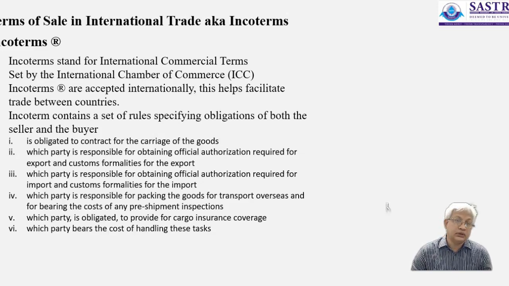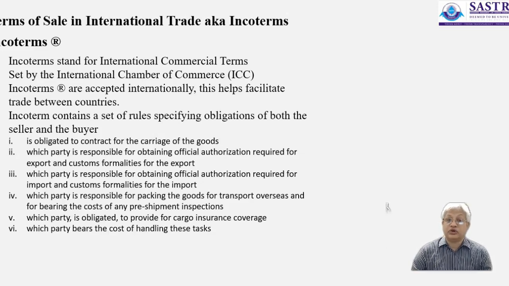Now, a set of details has been provided in front of you. For example, the first one says, between the buyer and the supplier, who is obligated to contract for the carriage of the goods? Who will enter a contract with the vehicle for transportation? Which party is responsible for obtaining the authorization required for export and customs formalities? Which party is responsible for authorization required for import and customs formalities for import?